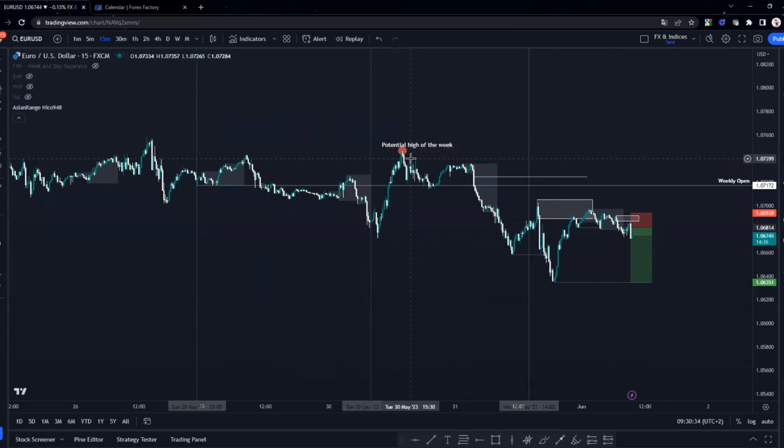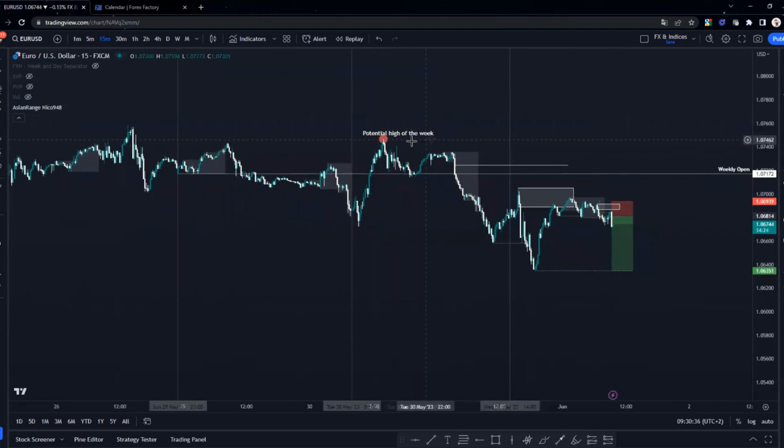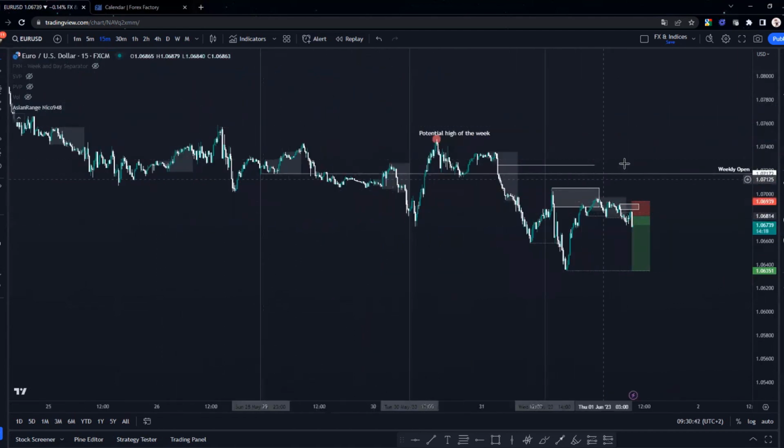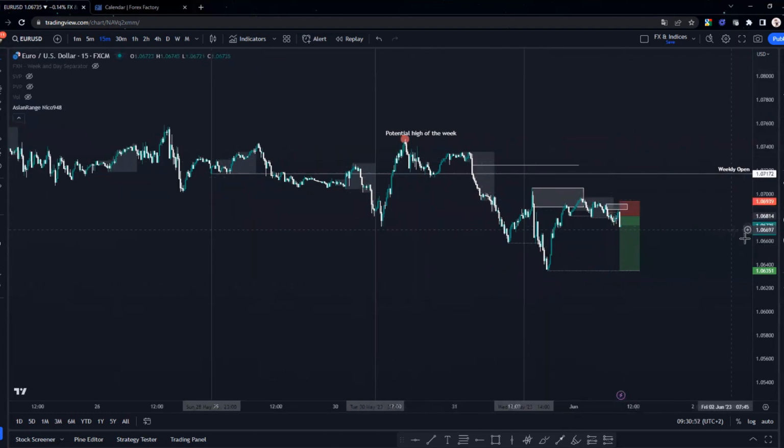So this is a statistical edge that price might form the high of the week in a bearish trend between the first half of the week, between Tuesday London's open and Wednesday New York open. So this might be the potential high.